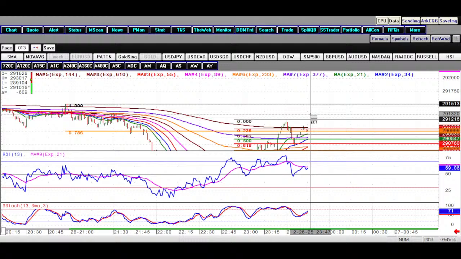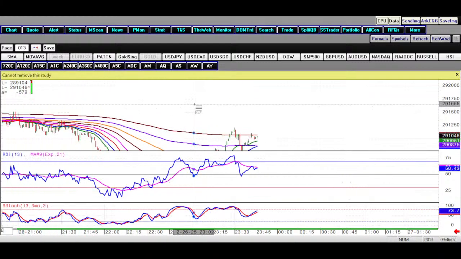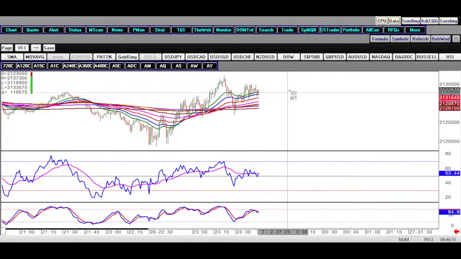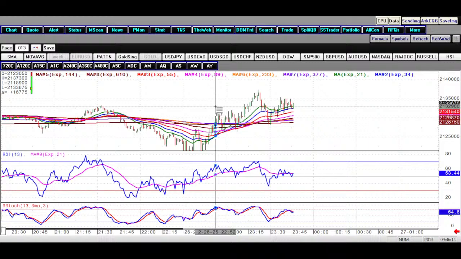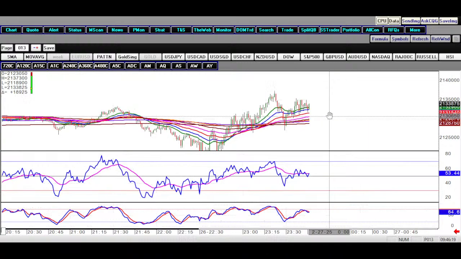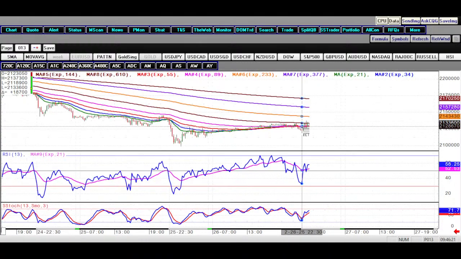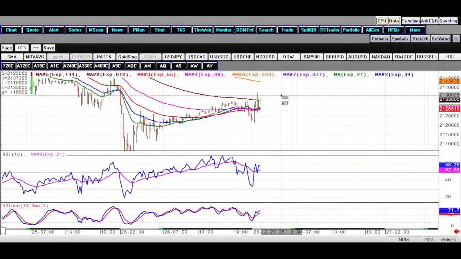Okay, then as far as this Nasdaq is concerned, we were expecting this market to turn down, and it looks like this is not seen yet. It may push higher.